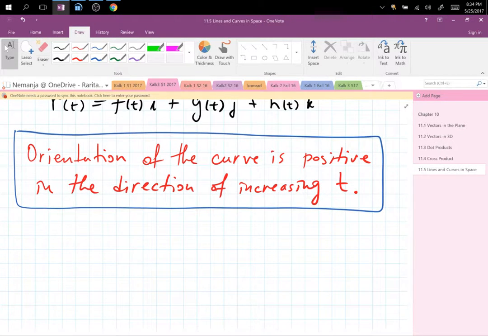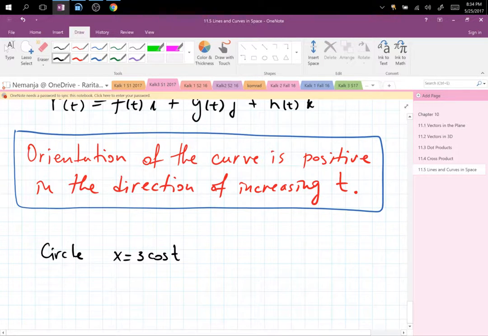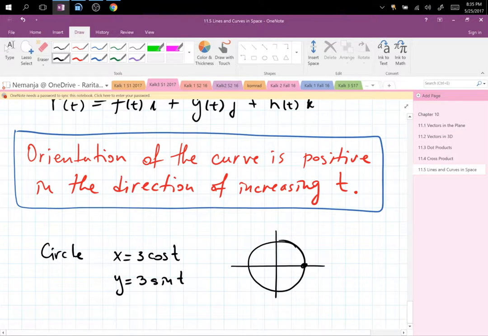So if you have, let's do the simplest possible example, which is a circle in 2D, right? So you have a circle, x equals 3 cosine t, theta, t, it's fine, and y equals 3 sine t. So this is the equation for a circle with radius 3. That's a little review. You should know this.